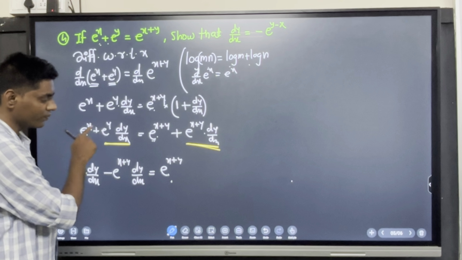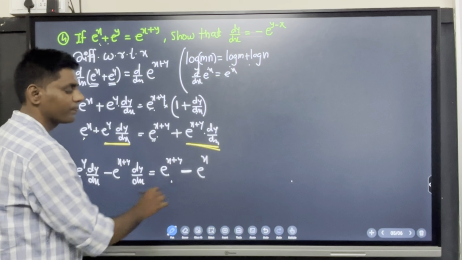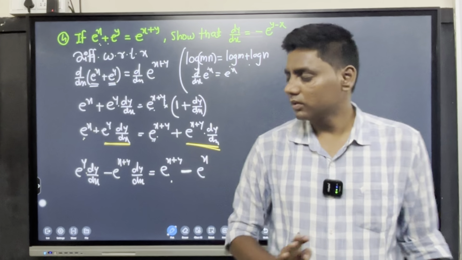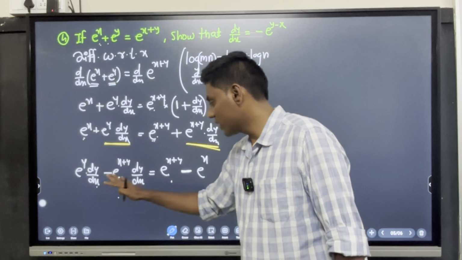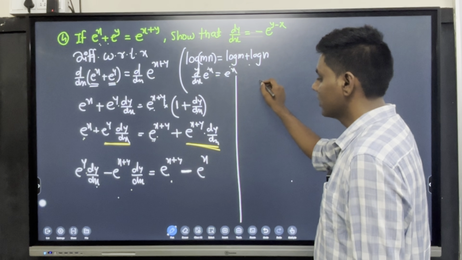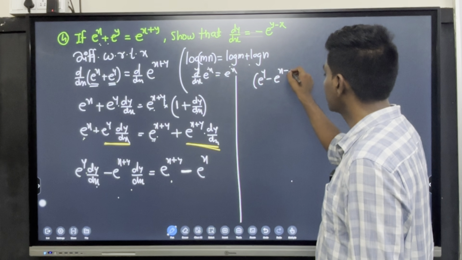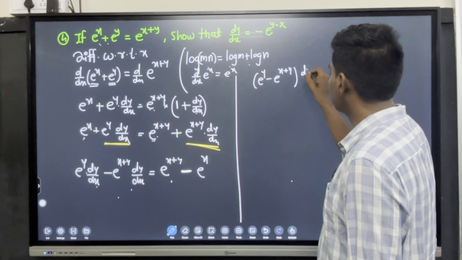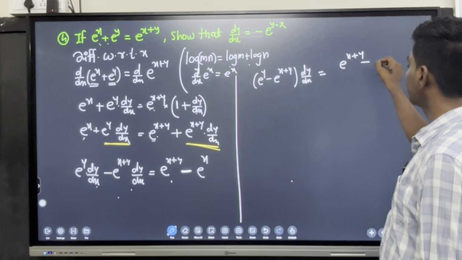Here it is positive, when it goes to that side it becomes negative, e raised to x. Simple. And we observe that on the left hand side we take dy by dx common, so what is present inside the bracket? e raised to y minus e raised to x plus y, times dy by dx, equals e raised to x plus y minus e raised to x.